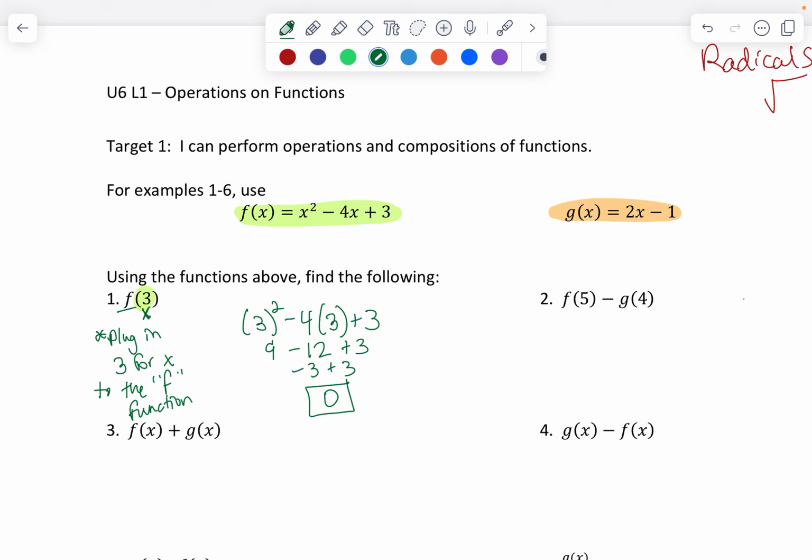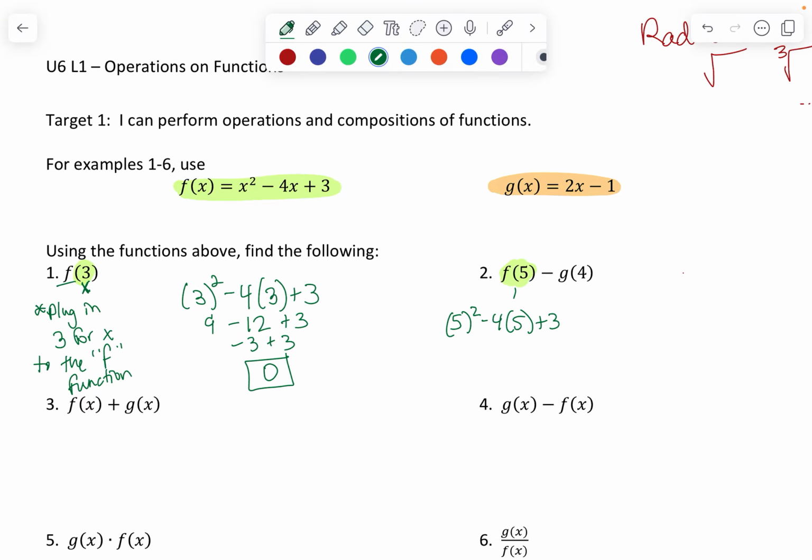Bumping that up a step, I could ask you to do two functions: f of 5 minus g of 4. That's asking you to do two different things. Find f of 5 first, just like we did the first one. If I plug in 5, it's 5 squared minus 4 times 5 plus 3.